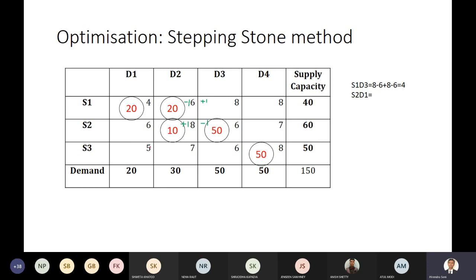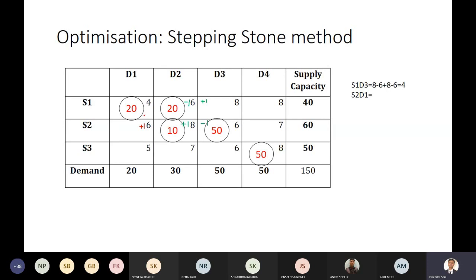If I assume an allocation in S2 D1, that means plus 1 cost will get added here. What will happen here?